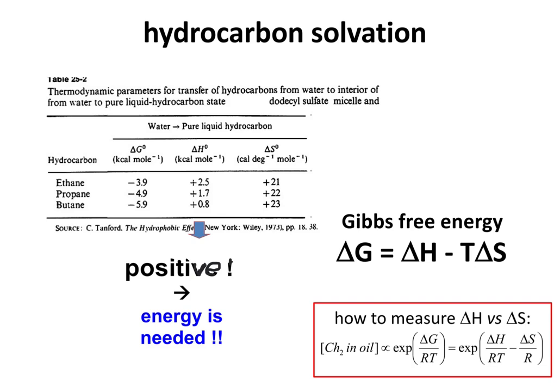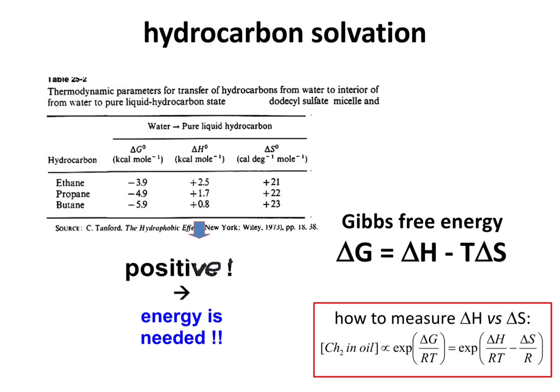Just to make clear, how do you actually get these two separate values in an experiment? Well, what you do is you measure the concentration of, in that case, oil molecules in water, and relate this to the equilibrium constant, which was given, as we found in the last lecture, by e to the minus delta G divided by kBT.